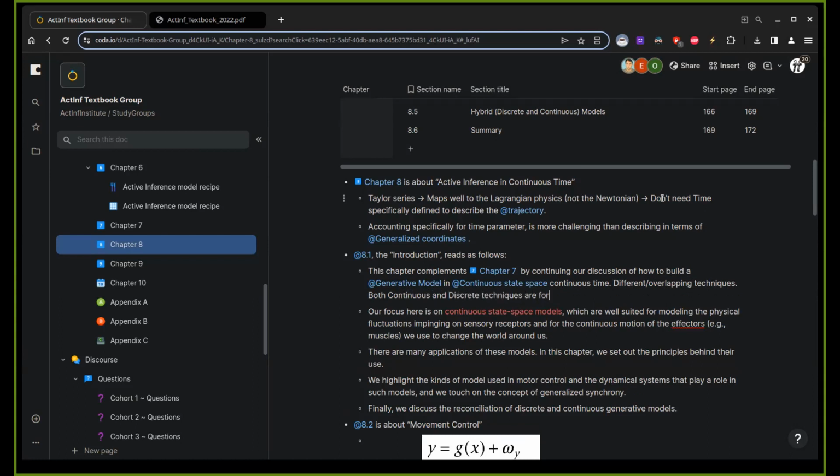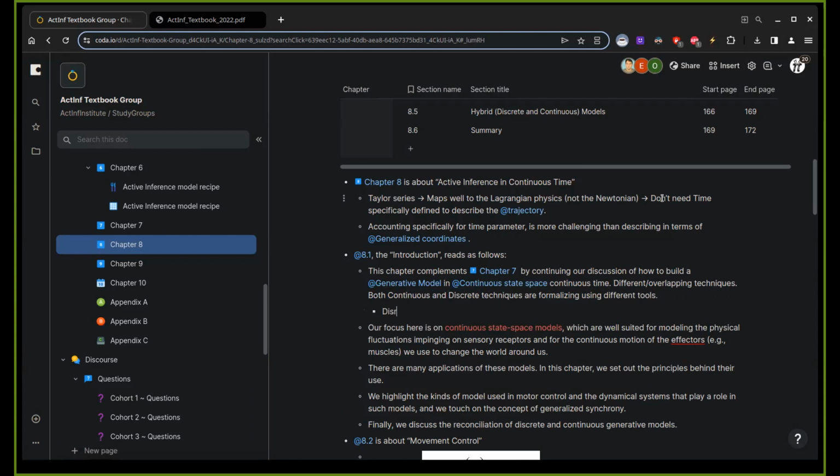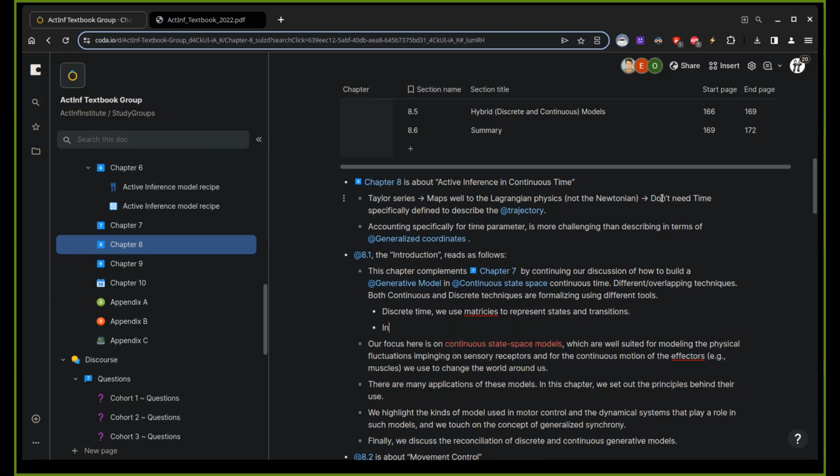Namely, in the discrete time case, we use matrices to represent states, transitions, and so on. But in continuous time, we use generalized coordinates in order to describe the states, and not just discrete matrices for states.